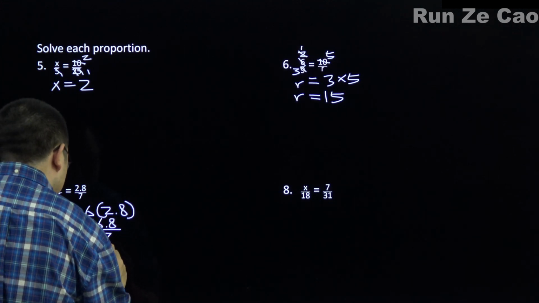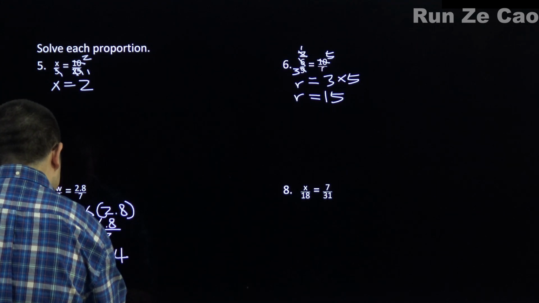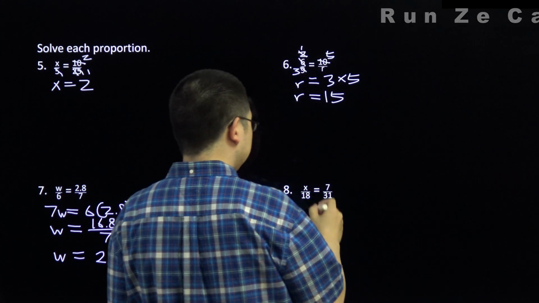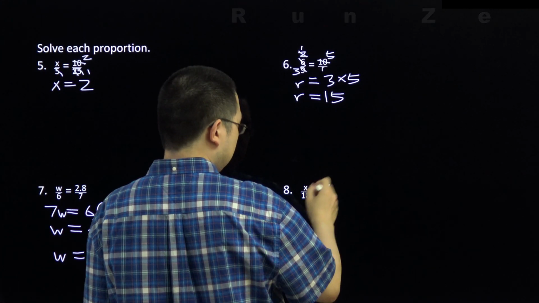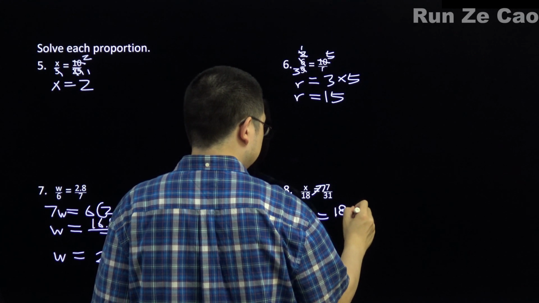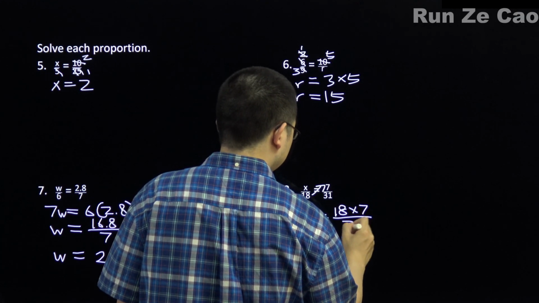5 by 7 equals 2.4. Like here, if you're going to cross multiply, you might as well just go with 18 times 7. x equals 18 times 7 over 31.